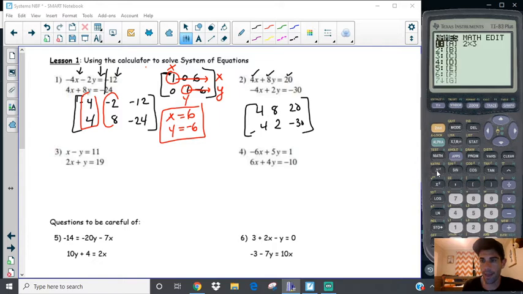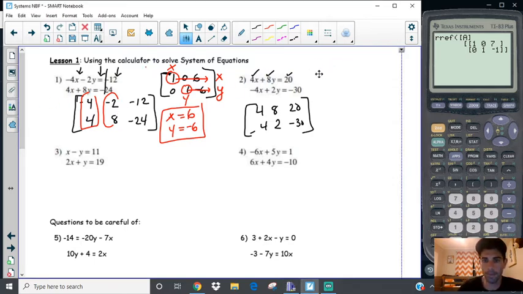Then if I go back to the matrix, right arrow one time, go down to letter B, hit enter, go back to the matrix and hit enter 2 times, and now I can copy down what it says, which is 1, 0, 7, 0, 1, and -1.